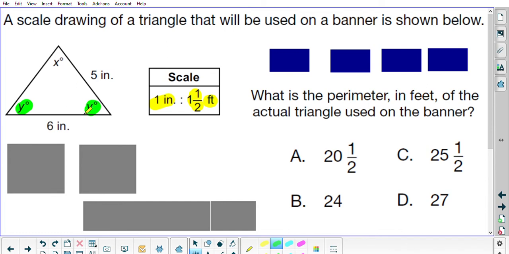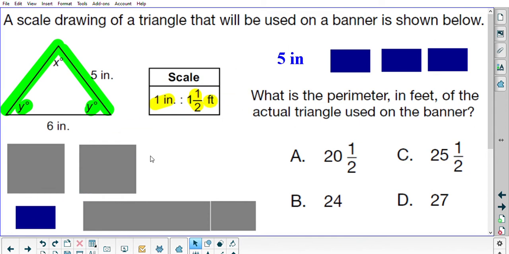What they're trying to tell you is those two angles in the bottom left-hand corner and the bottom right-hand corner are congruent, which means you have an isosceles triangle, which means the side on the right that shares that one angle is congruent to the side on the left that also shares the y-degree angle, which means the side on the left is also 5 inches in measurement. So this is an isosceles triangle, and I knew that because of the two angles that were both called y degrees.